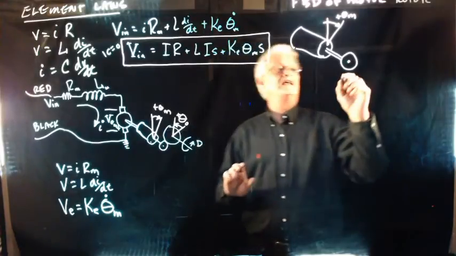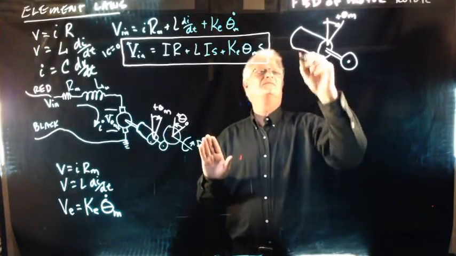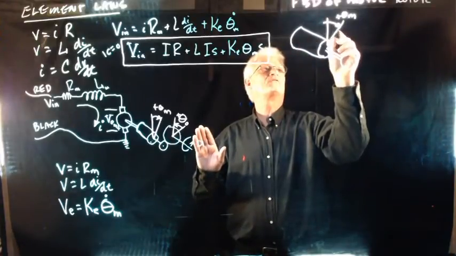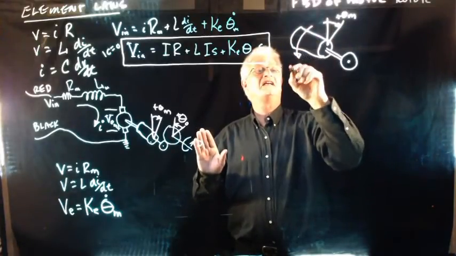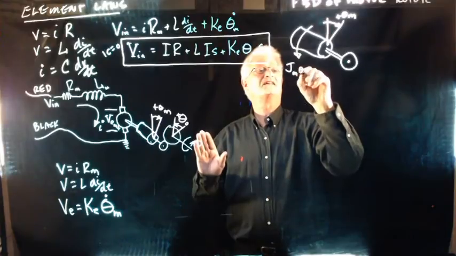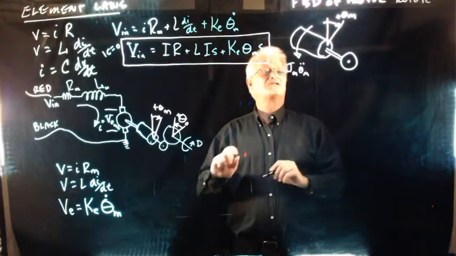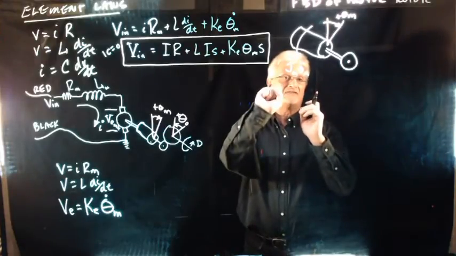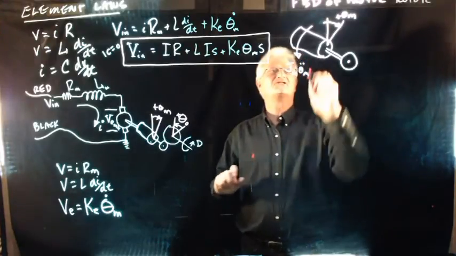If I want to make sure that I'm including all of the dynamic forces, the very first thing I want to do is put a J of the motor, theta double dot m. So the motor has some inertia. It's small because it's just that little round thing that spins around, but there's some inertia there.